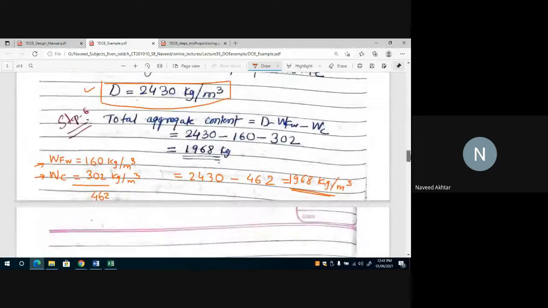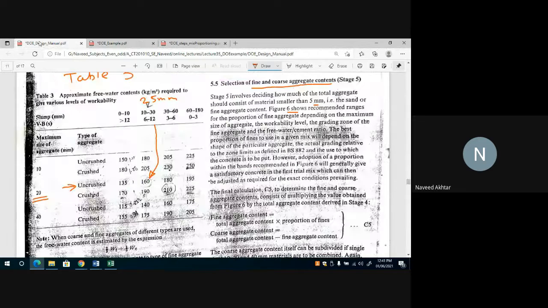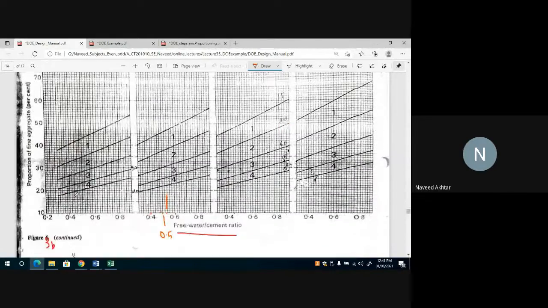So you come here for zone 2. Where is that graph? Figure 3b. Here 3b. Okay. So this is meeting at this point. So you can see the percentage of fine aggregate.